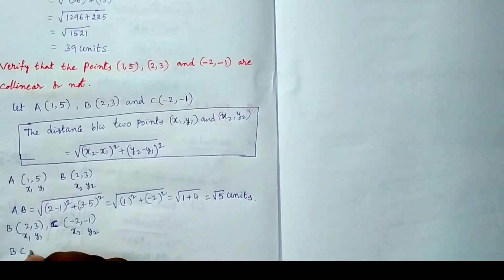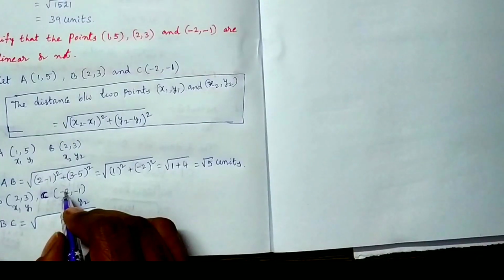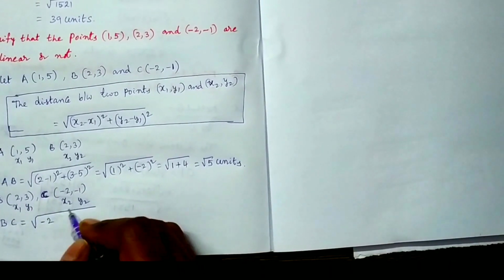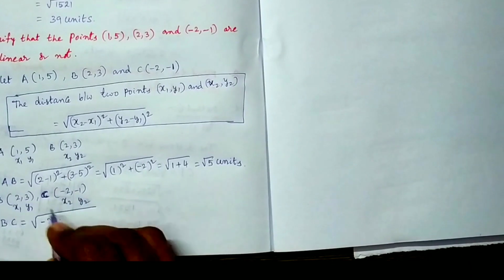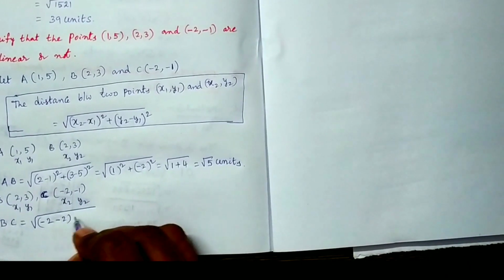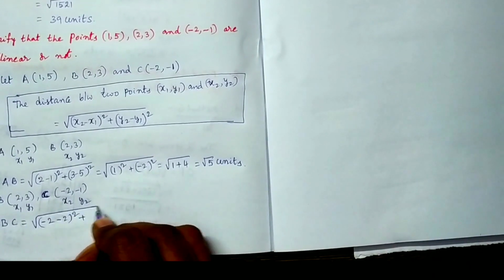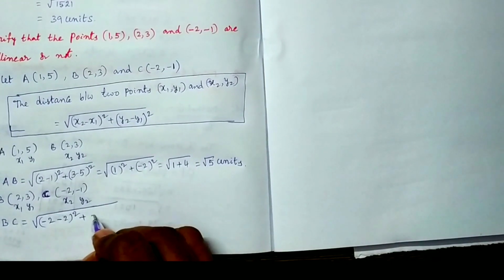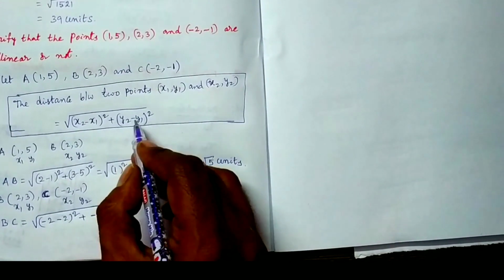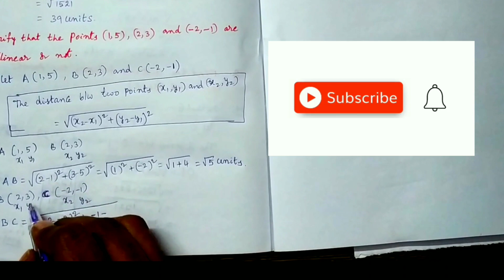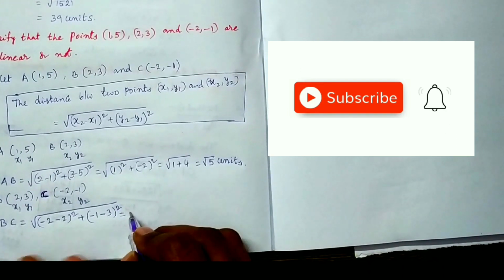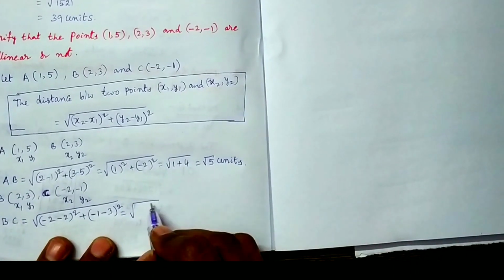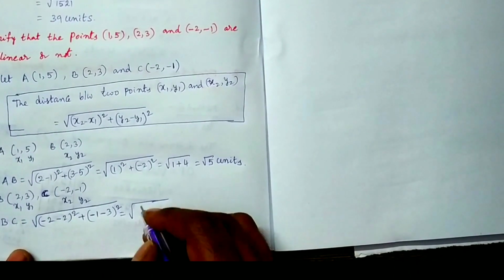Find the distance between B and C. x2 minus x1, that is minus 2 minus 2, so minus 2 whole square, plus y2 minus y1, that is minus 1 minus 3.